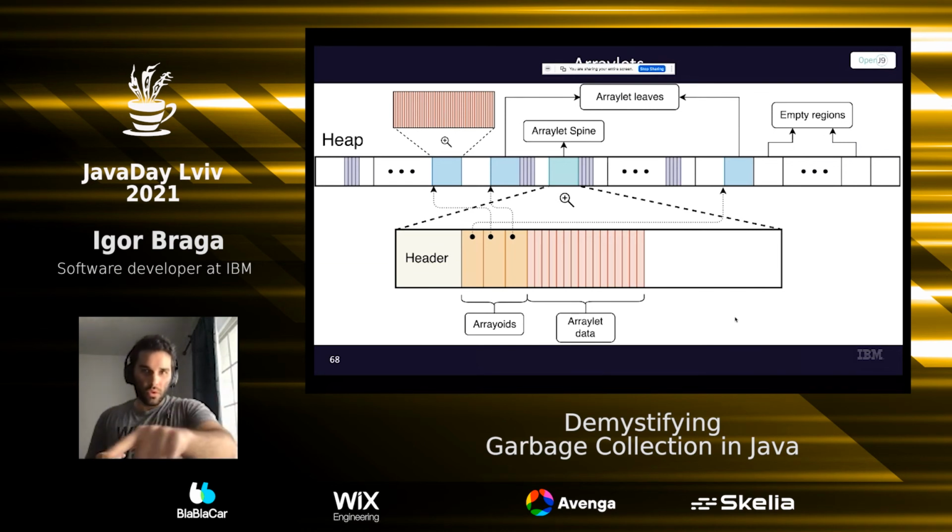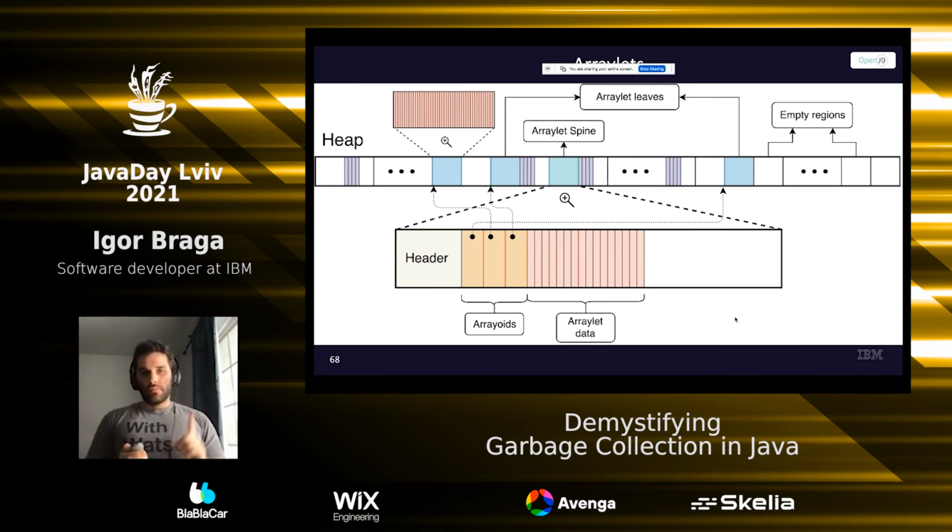So we'd go to that last blue region there and access that element in there. So that's how we store large arrays in a region-based GC. Because if we didn't have this, we would have to put a contiguous array that spans multiple regions, right?